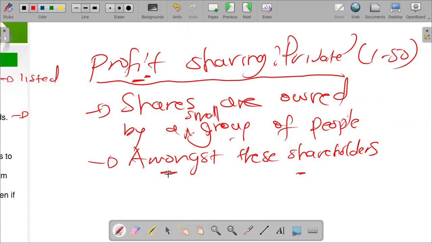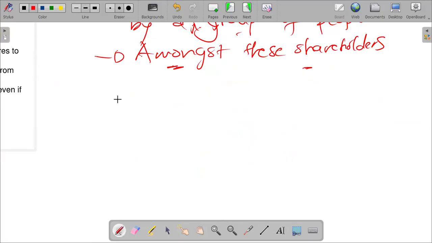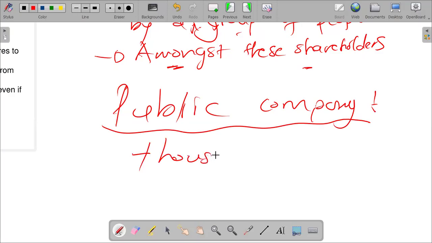But now, when it comes to a public company, there are thousands of shareholders.